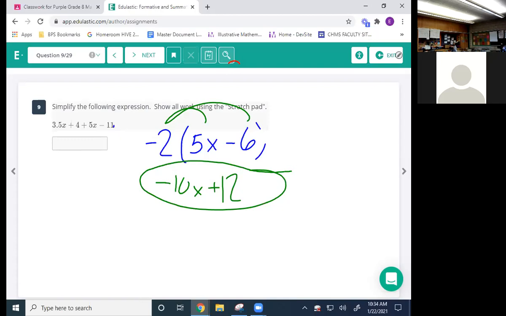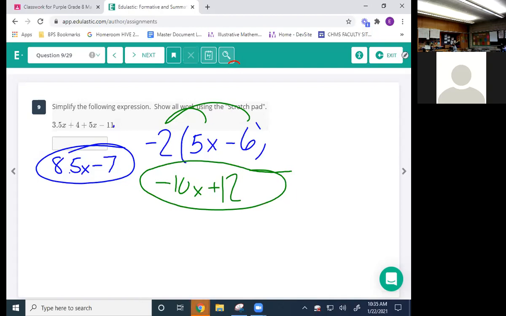You can put it in the chat if you'd like. What do we think? Ian, help me out. Very good. We have to combine our like terms. 3.5x and 5x combine to 8.5x, and a 4 and a negative 11 combine to a negative 7. Boom.